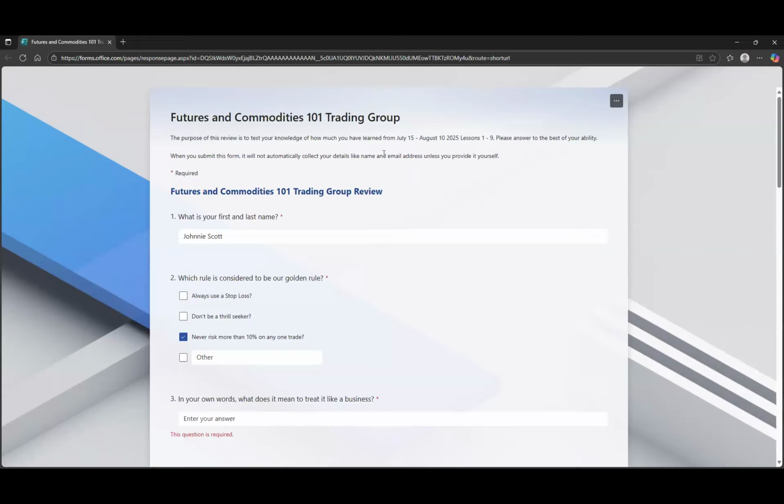These are the questions between lessons 1 through 9. Please answer them to the best of your ability and submit your form. If you haven't done this, we ask you to do it. Hopefully Barbara and them will be through and we can tabulate the answers.